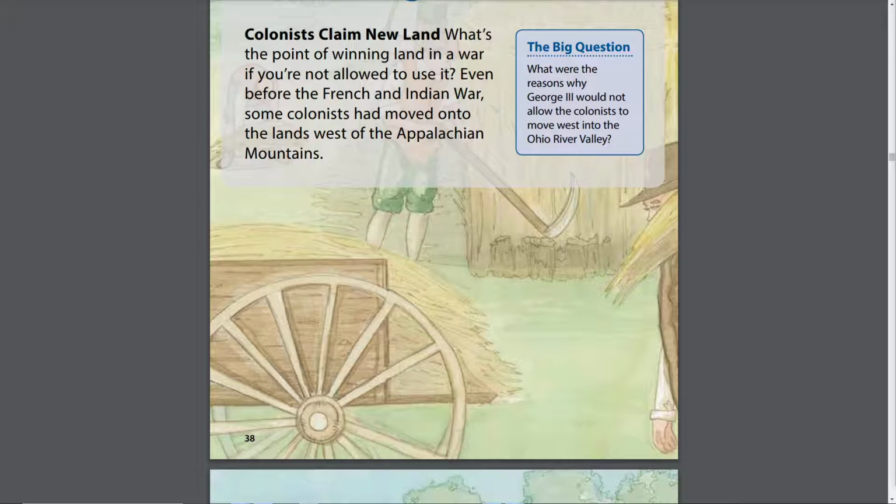Okay, so what was a big point? There was a big point about the Native Americans, right? He just finished a war and he didn't want to do what? That's a big point. And then remember Pontiac's rebellion, Pontiac's War. It's another hint and point that you should point out in your answer to your big question.